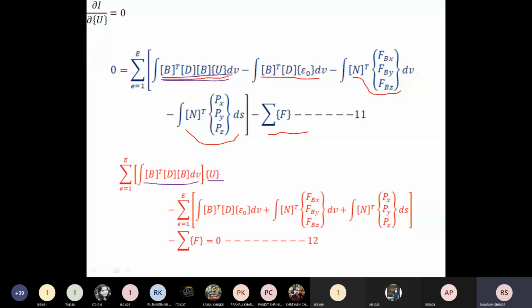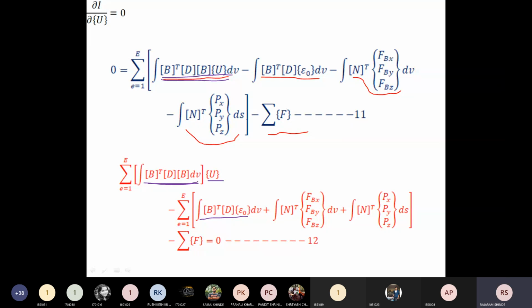And u is constant when we integrate over the volume. So I am taking u out of the integration, that is, integration of b transpose db dv into u. Now the second term I have kept as it is.